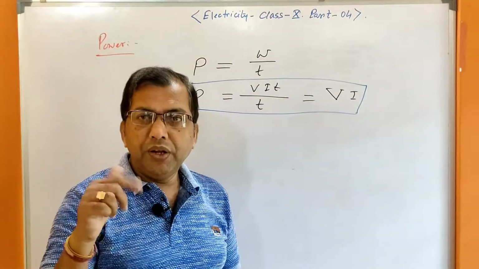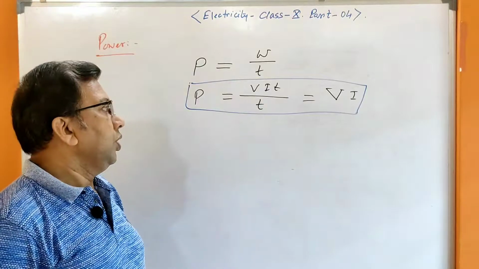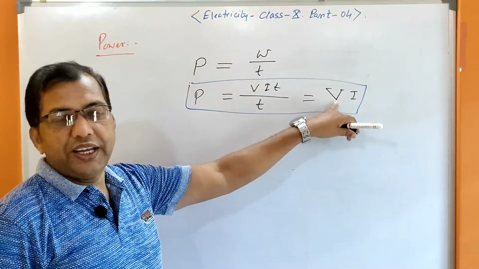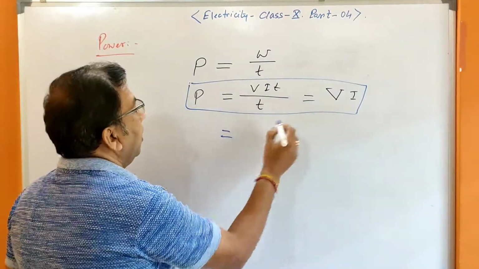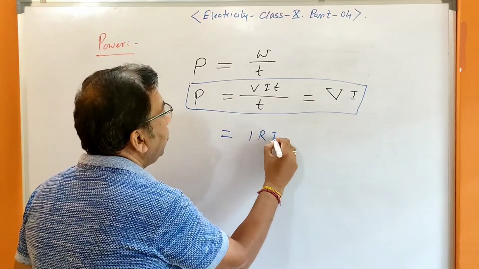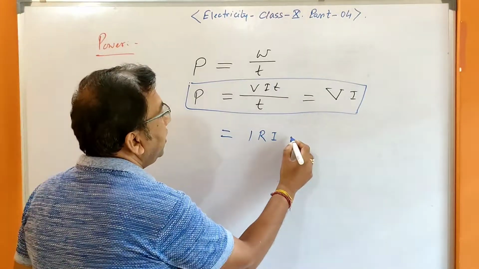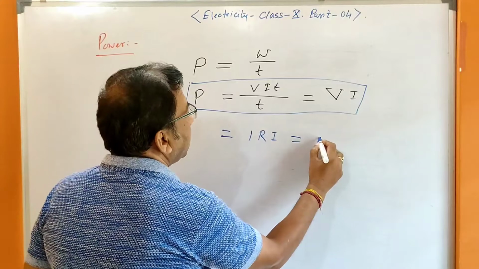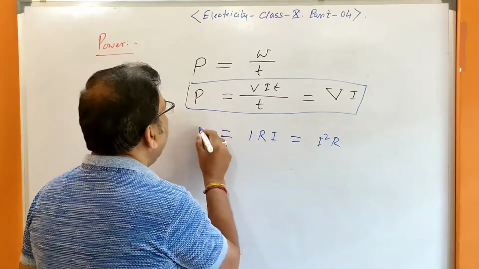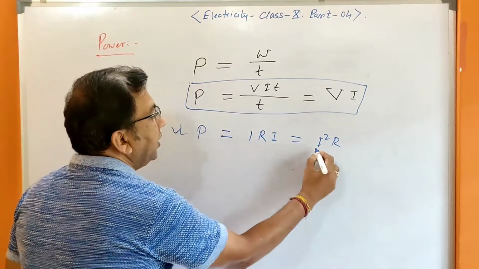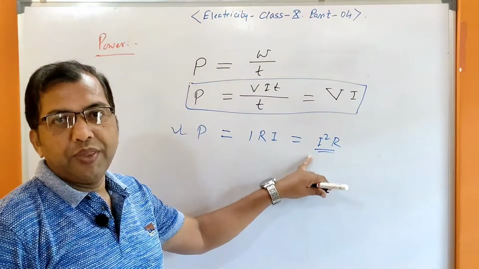Again, V equals IR. In case you put V equals IR, that means IR into I, that means I square R. So P equals I square R. This is the formula.